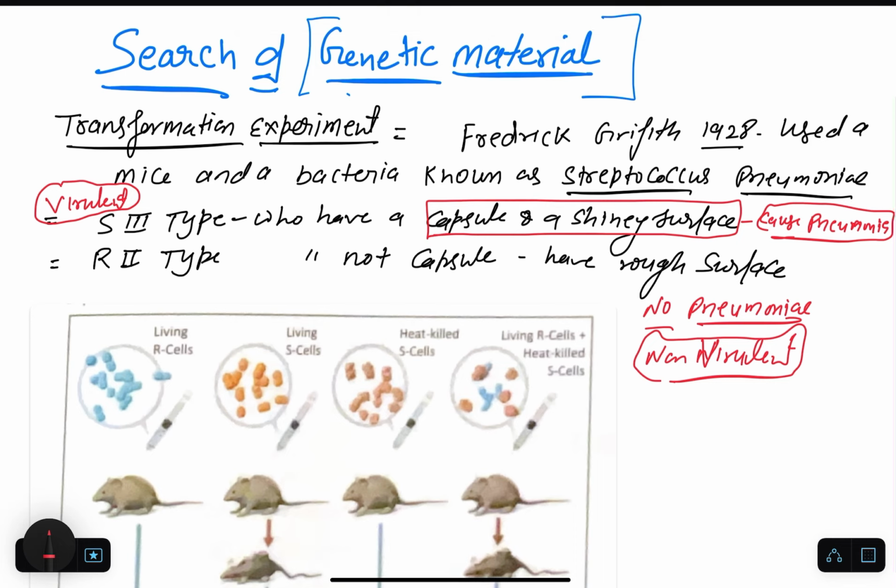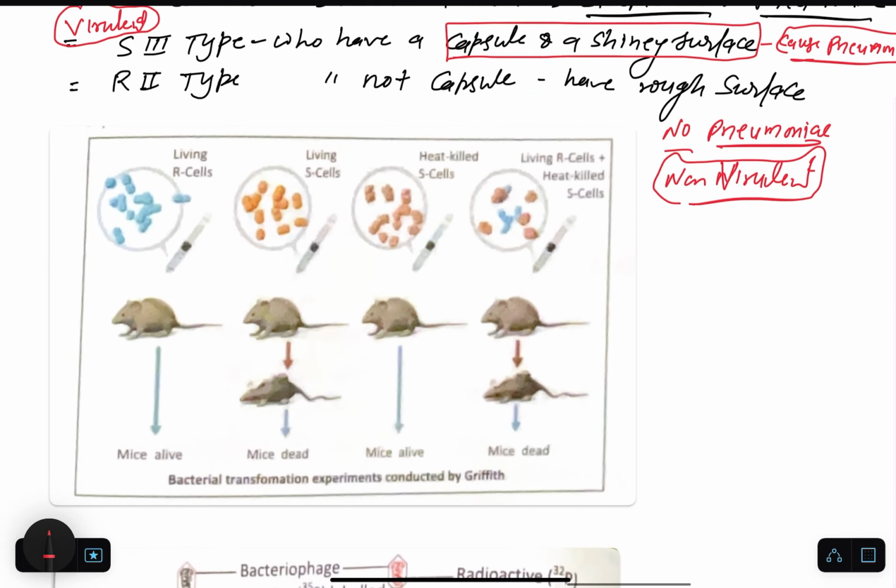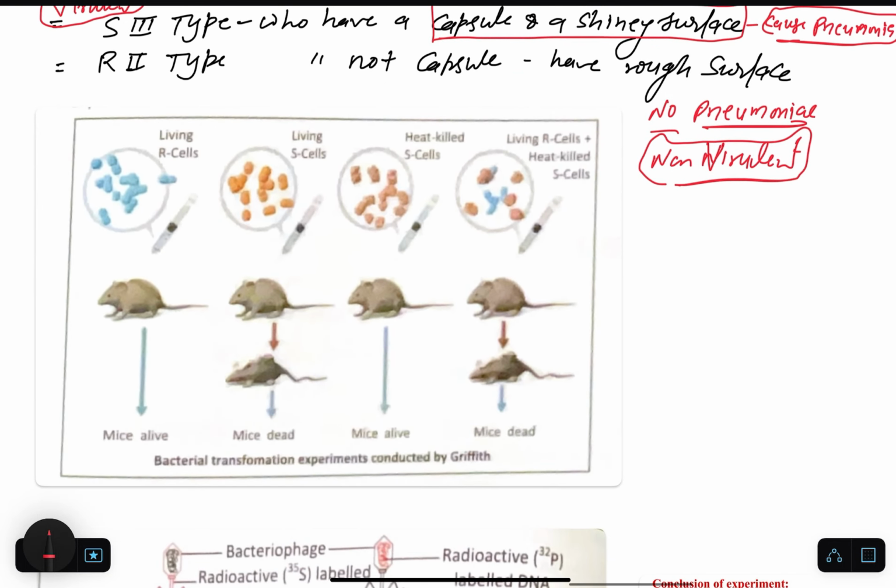Okay, now let us discuss one by one. He used the R type strain to check whether the virulence property is present or not. He used R type bacteria and injected them into mice. The mice will be alive.